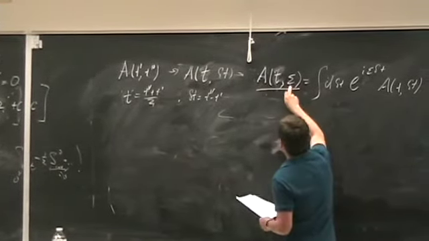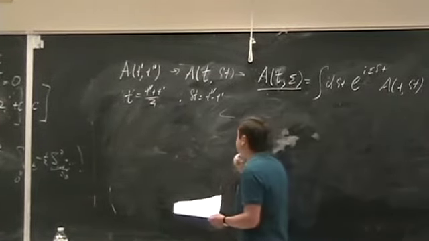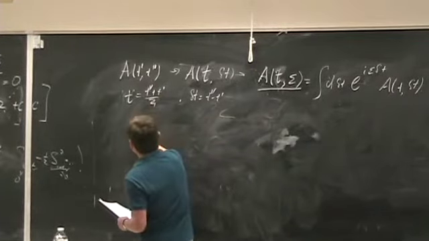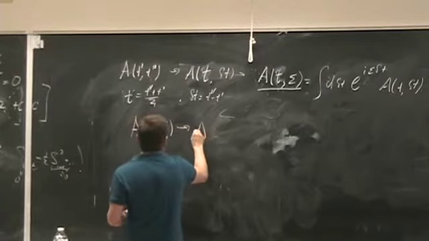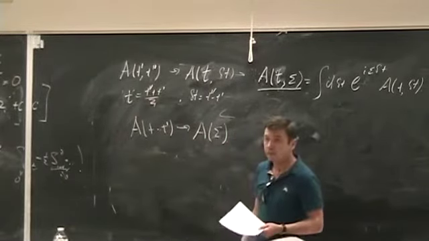Essentially a function of energy. If we were in a stationary situation where my correlation function depends only on t minus t prime, then of course I would do a Fourier transform and go to A of epsilon, right?